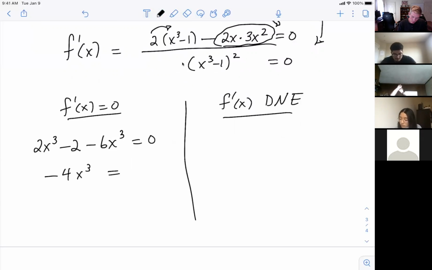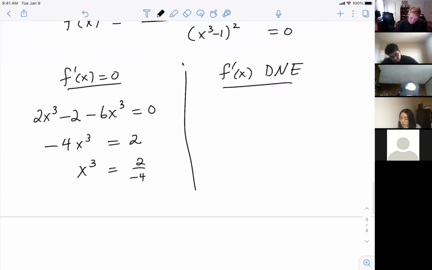And then I could add 2 to the other side, and then divide both sides by negative 4. And then last, take the cube root, and it's actually reduced. It's negative 1/2. So what is negative 1/2 when you cube root it? So x would equal a negative 0.794.